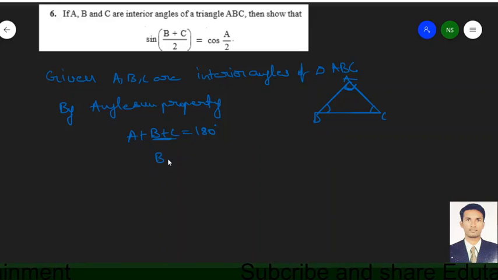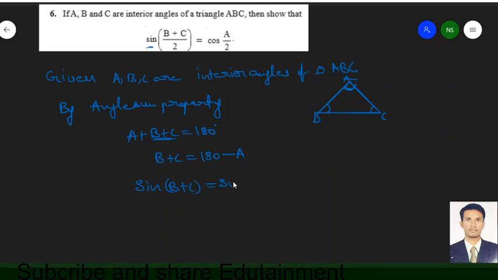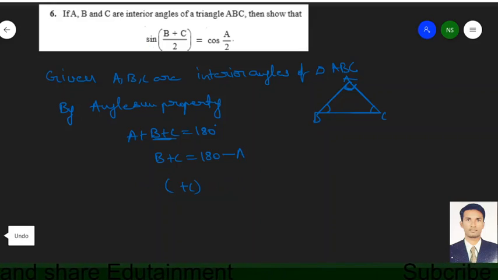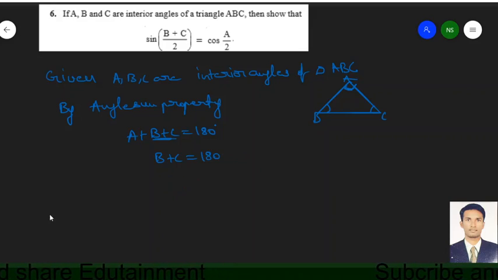So B plus C equals 180 minus A. Now take sine on both sides: sine of (B plus C) equals sine of (180 minus A).